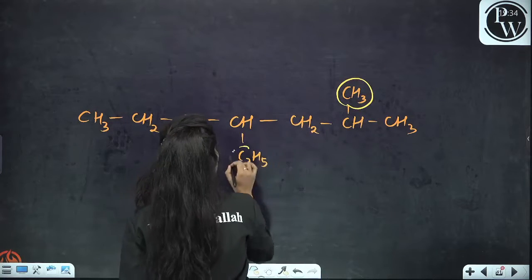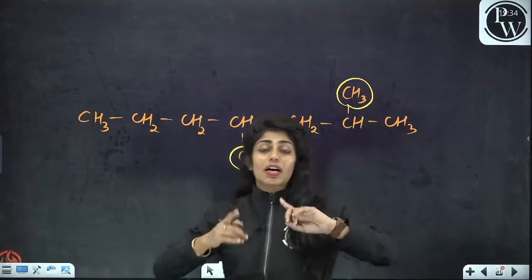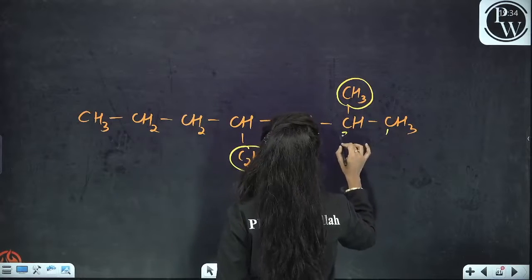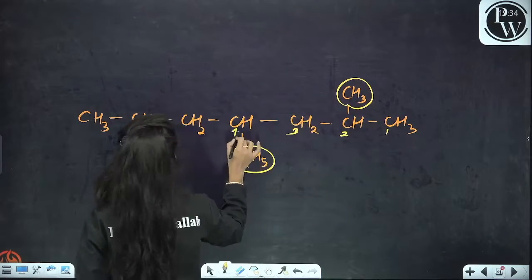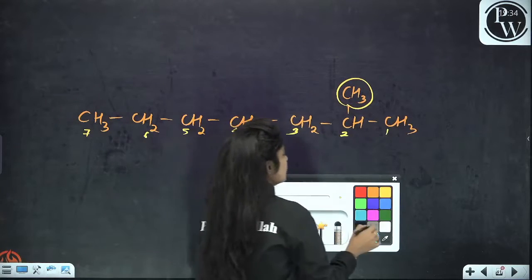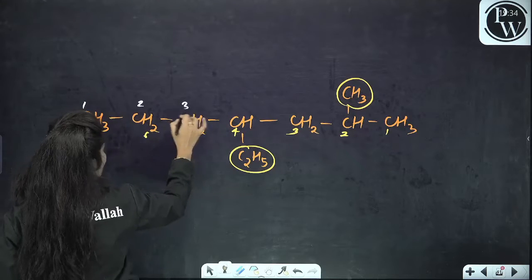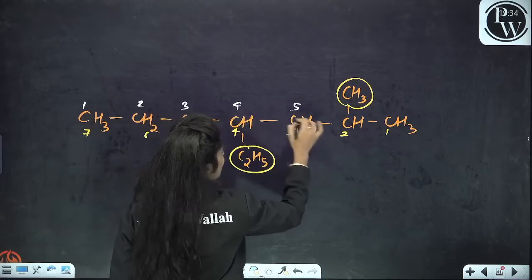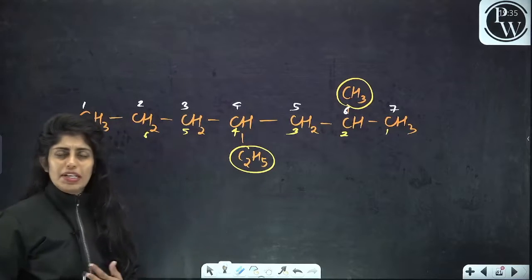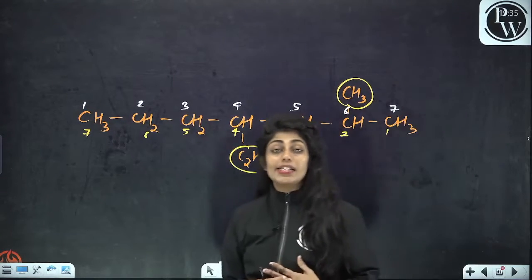That's important. It's your ethyl. How can we number it? So one is 1, 2, 3, 4, 5, 6 and 7. Another, it can be 1, 2, 3, 4, 5, 6 or 7. How can we name it? How can we number it? What can be the idea behind it?